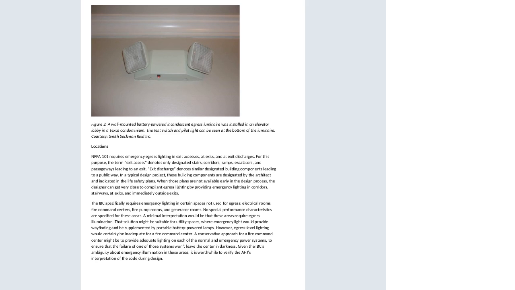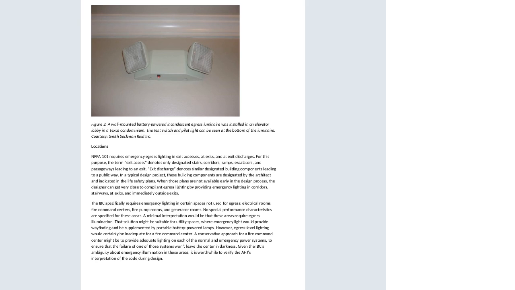So the locations. The NFPA requires emergency egress lighting in exit access, at exits, and at exit discharge. For this purpose, the term exit access denotes only designated stairs, corridors, ramps, escalators, and passageways leading to an exit.